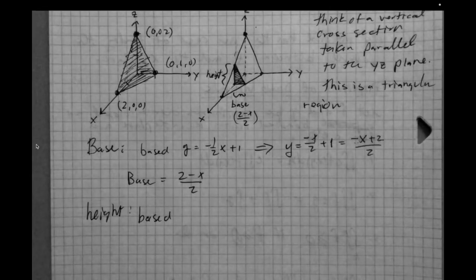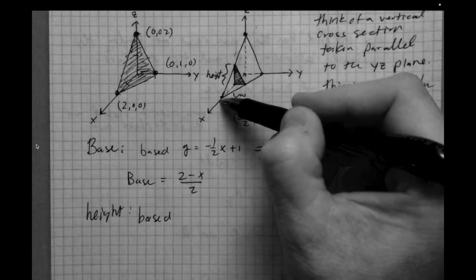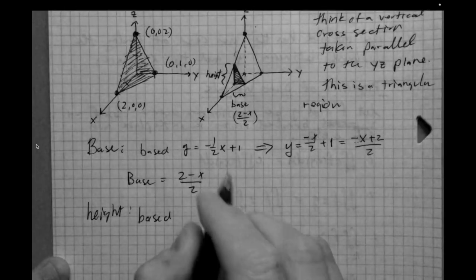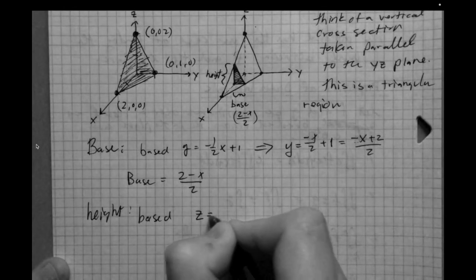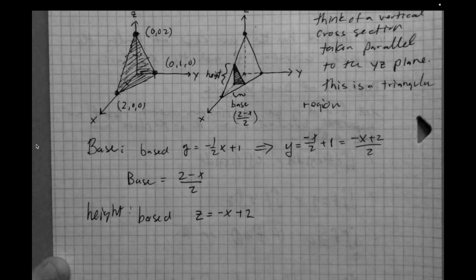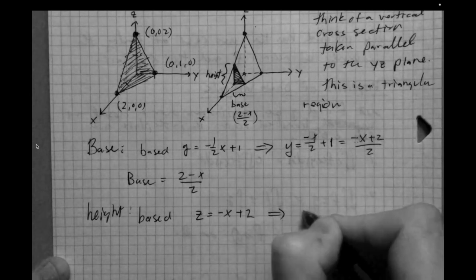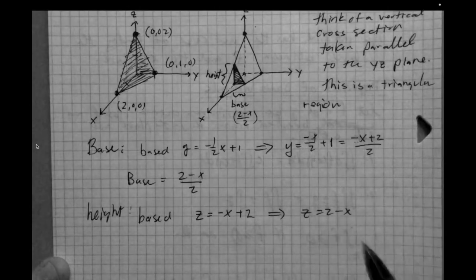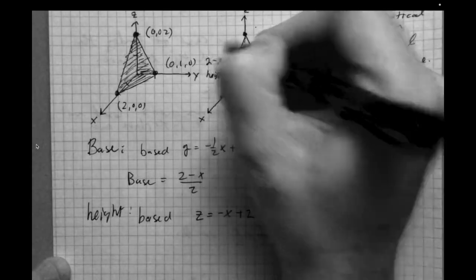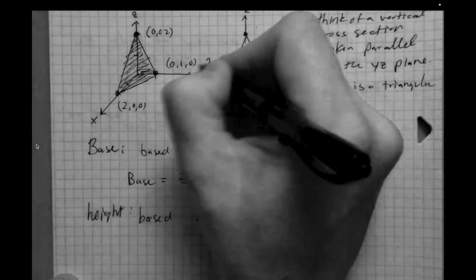So the intercept there is 2 on the z-axis. And this is 2 here as well, so the slope is just -1. So it's based on the line z equals -x plus 2. Okay, so the height is just z equals 2 minus x. Right, and so we can write that in here. 2 minus x. Okay, that's that part.